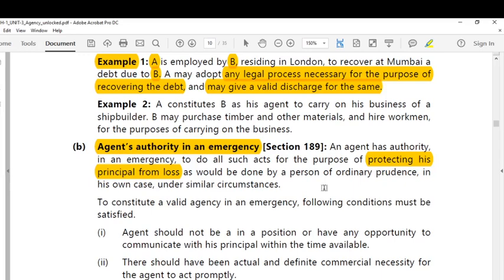So, if it is an ordinary person's property, whatever efforts he will put up to protect it from damage, all such efforts should be put in place with respect to the principal's property.